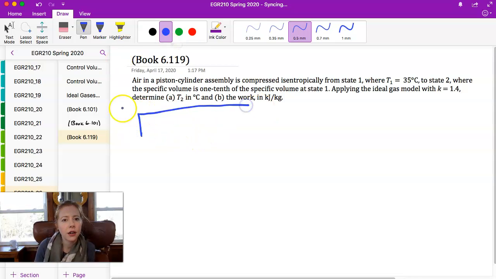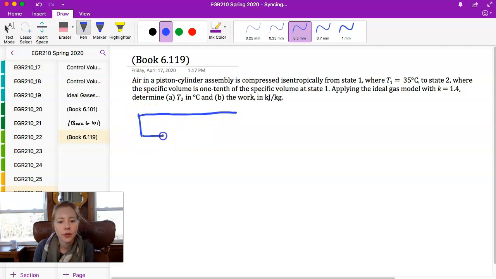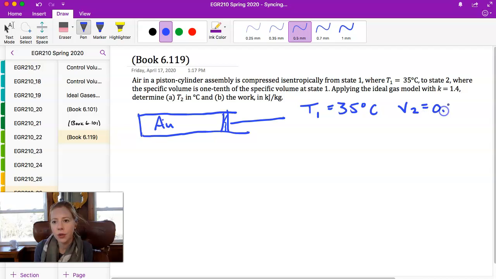We have air in a piston cylinder assembly. So here's my air in my piston cylinder assembly. And we have T1 is 35 degrees Celsius, and V2 is equal to 0.1 V1, since it's 1/10, and our K is 1.4.